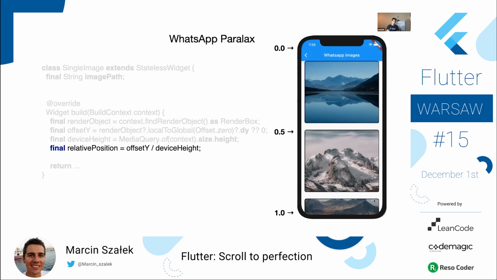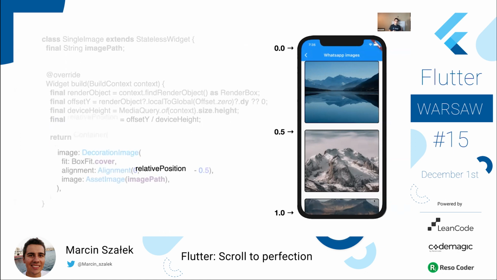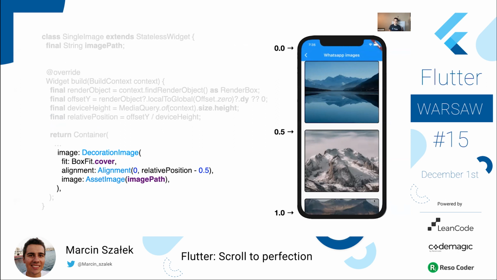And when we have this relative position, we can use it as an alignment in our image. Here I have relative position minus 0.5, so the values will change like that. What it will cause is that the image inside the widget will be aligned slightly to the top when the widget is at the top, and slightly to the bottom when it is at the bottom.